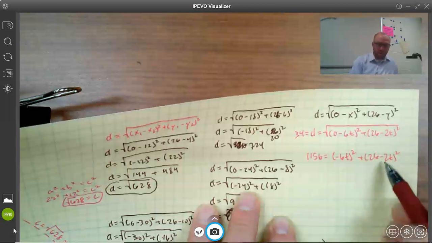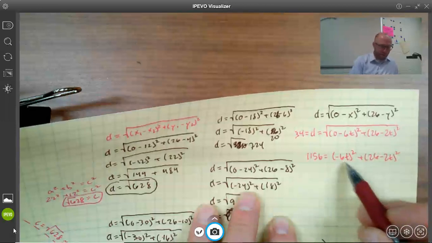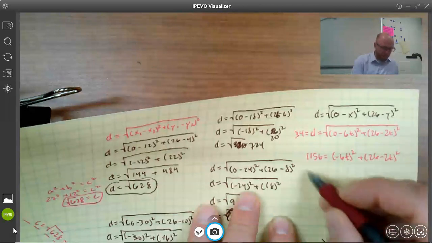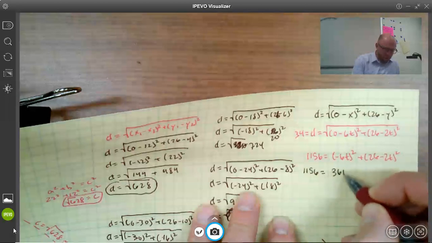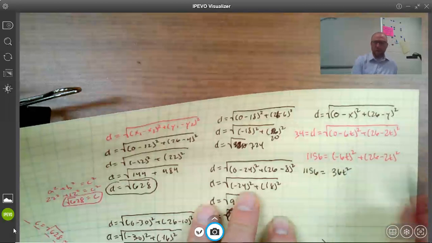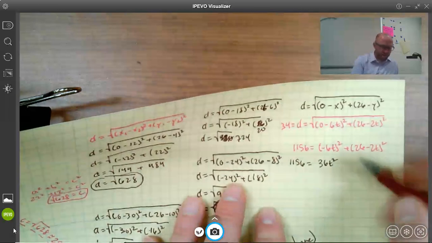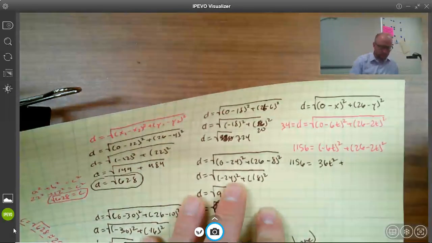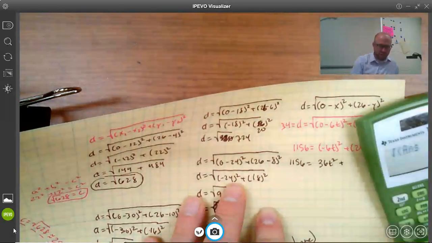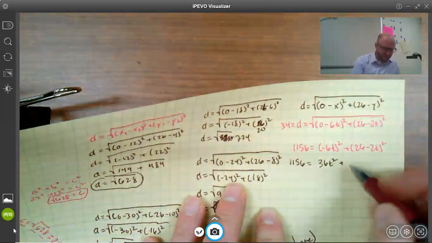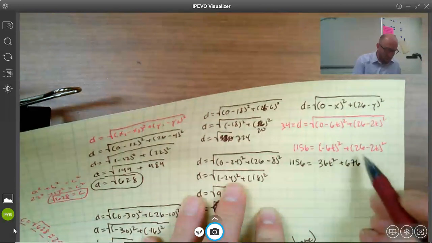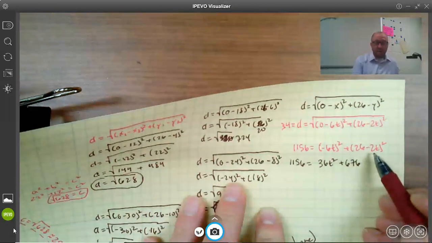So next I'm going to expand this binomial, and we'll open this up here. So 1156, this becomes 36t squared. So I'm squaring both parts, the negative 6 and the t, plus, it'll be 26 squared, which is 676, plus 26 times 2 times 2.